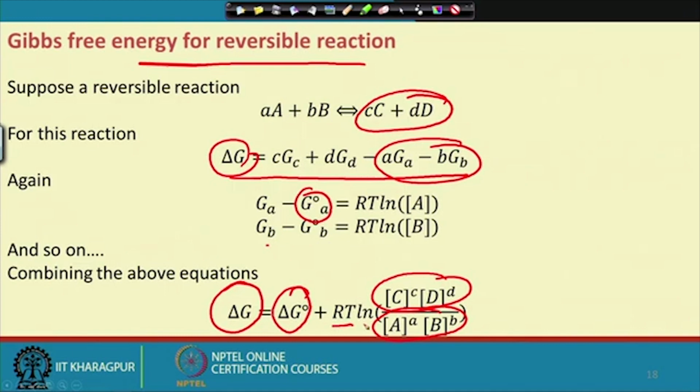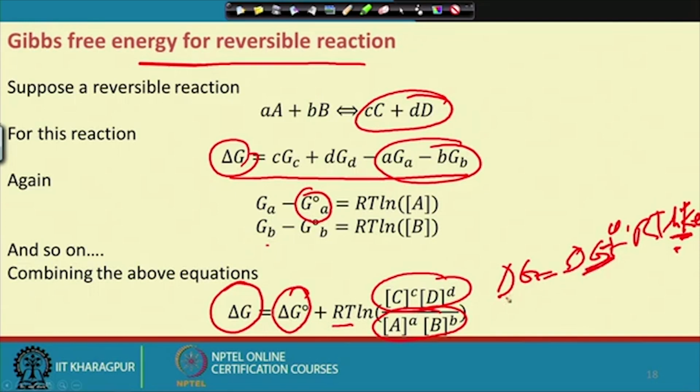Why is it very important? Because this is del G equal to del G0 plus RT ln K, the equilibrium constant. Am I right? Since the equilibrium constant is constant for a reversible chemical reaction, the del G value is also constant.